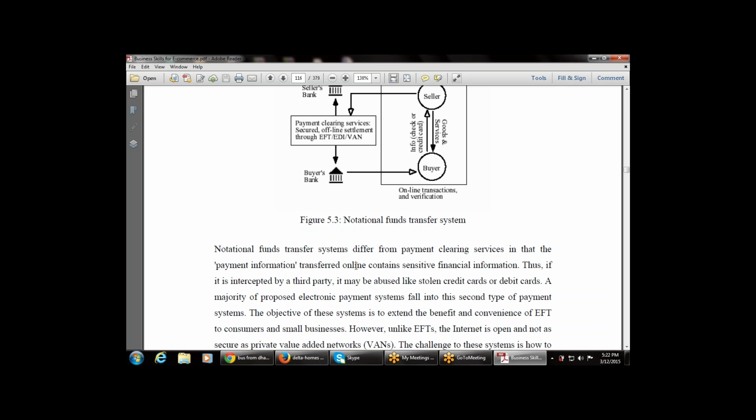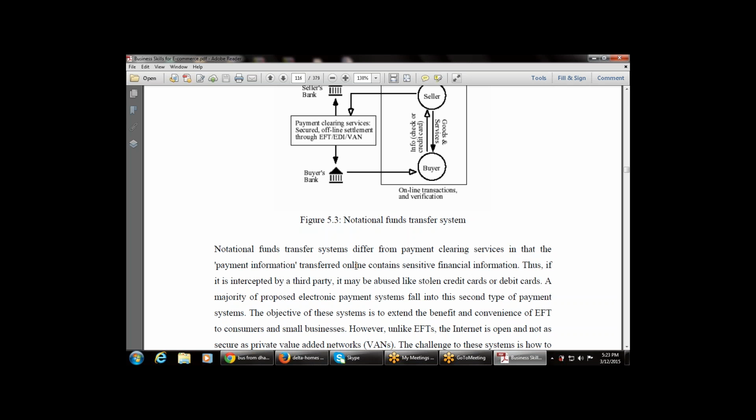A majority of proposed electronic payment systems fall into the second type of payment system, that is, with debit card numbers. The objective of these systems is to extend the benefit and convenience of EFT to consumers and small businesses. For example, if I am purchasing a pen drive from a commercial site and I am using a debit card, then they ask for the debit card number.